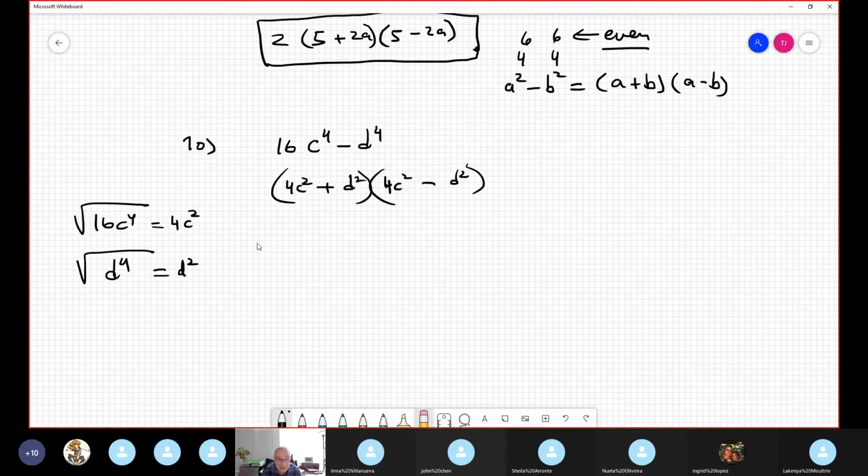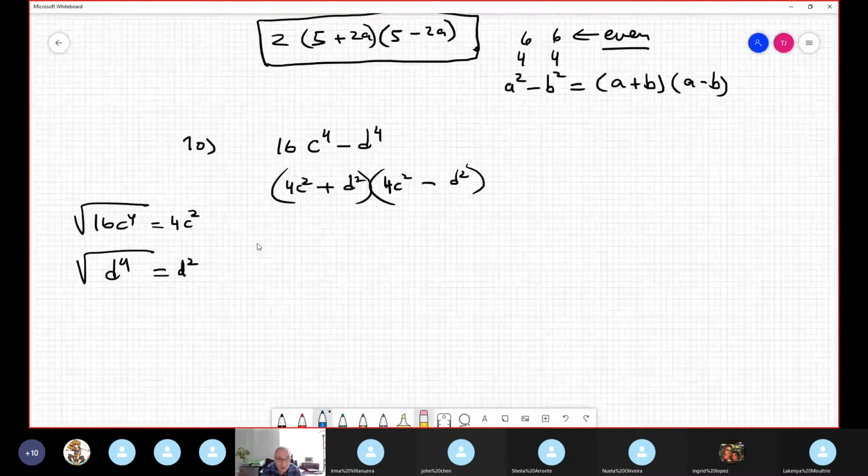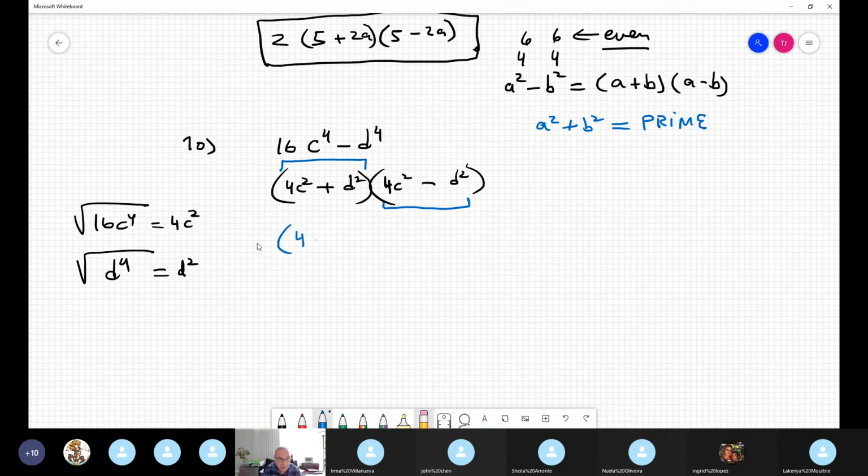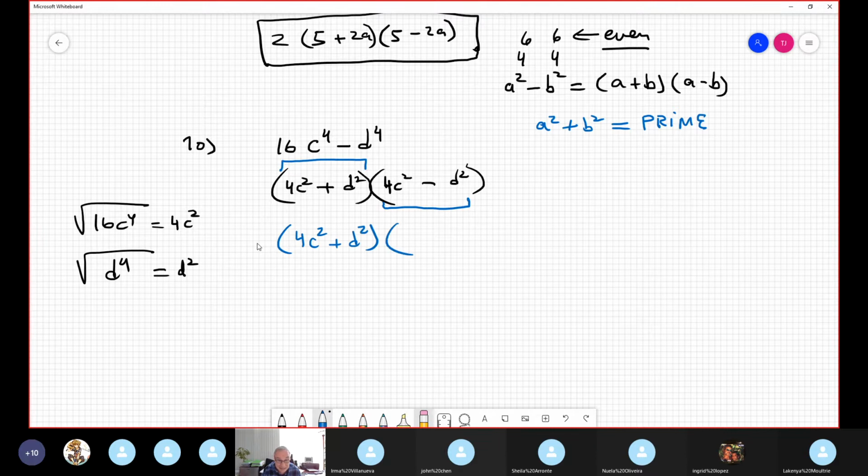I can see here another difference of squares. And remember, the sum of squares is impossible to factor any more, so this expression is prime. So you copy it. I cannot do anything more in this one, but in this one, yes.